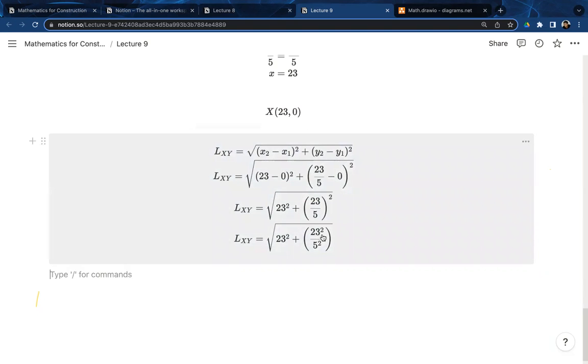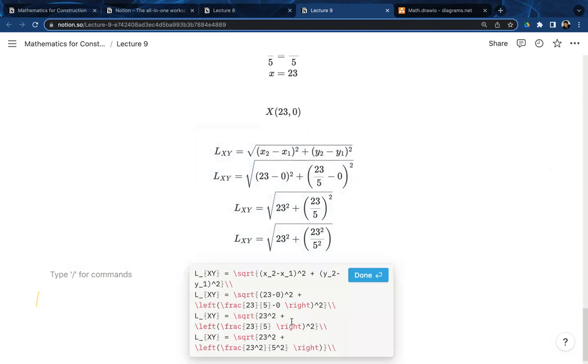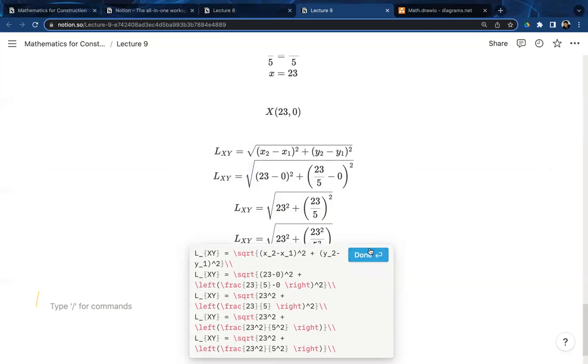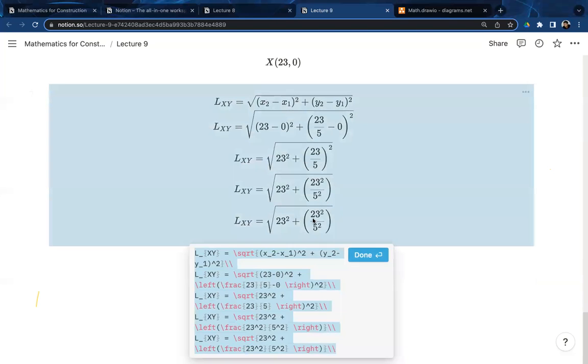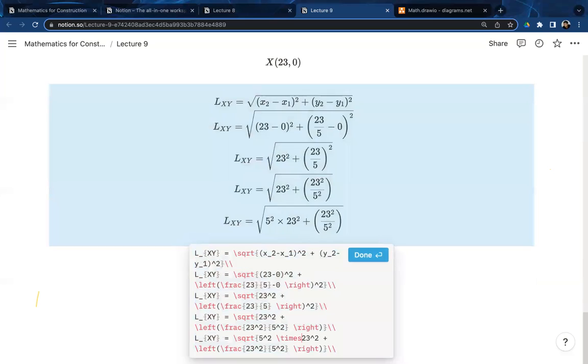So 23 squared over 5 squared. Look at this step here.